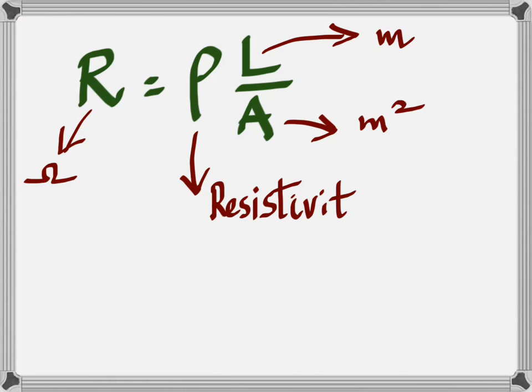It is a constant for a particular material. And when you rearrange this formula, you get the unit of rho as ohm meter. It's not ohm per meter, it's ohm meter.